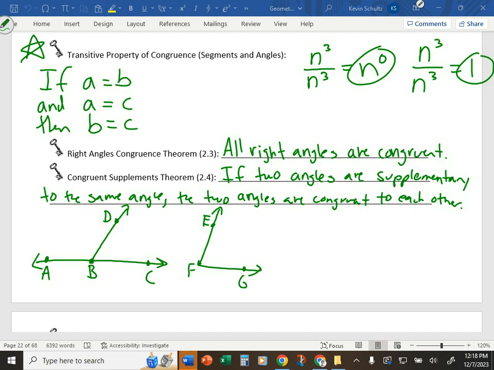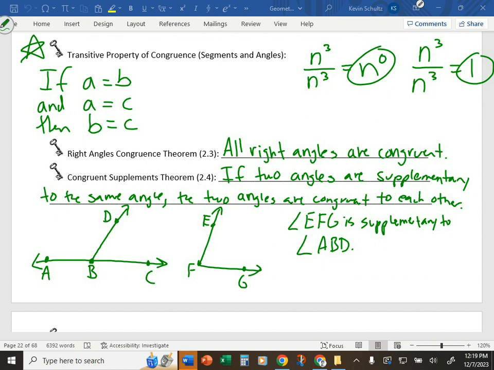If you are told that angle EFG is supplementary to angle ABD, sorry, ABD, not ADB, ABD, the vertex goes in the middle, okay?